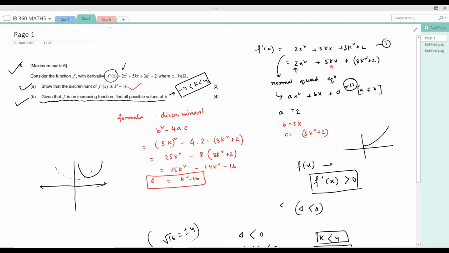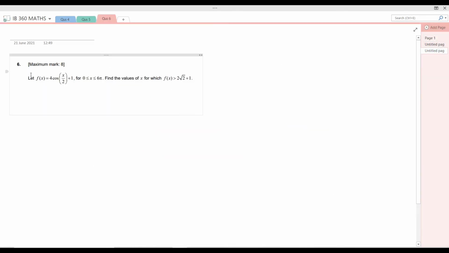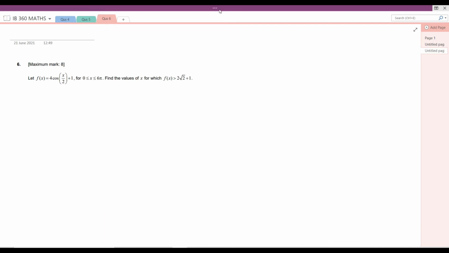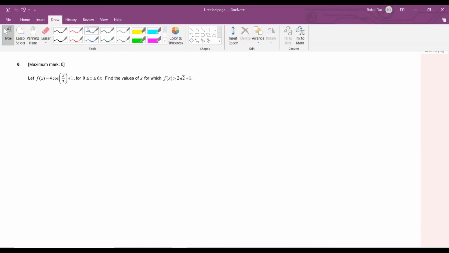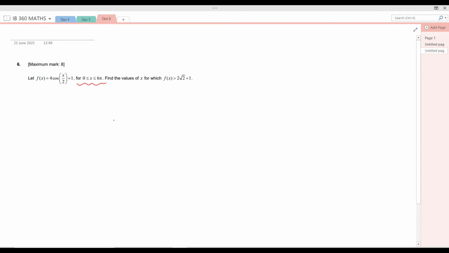Now the sixth question: let f of x equals 4 cos x by 2 plus 1 for 0 less than or equal to x less than or equal to 6 pi. Find the values of x for which f of x is greater than 2 root 2 plus 1. Here see, this limit, 0 less than or equal to x less than or equal to 6 pi, is very important.